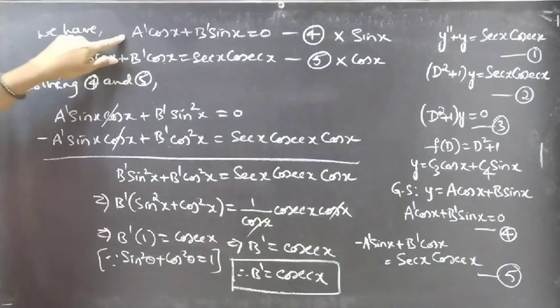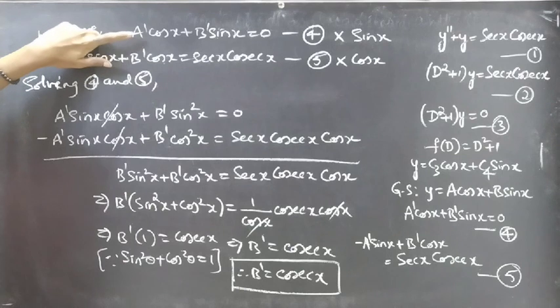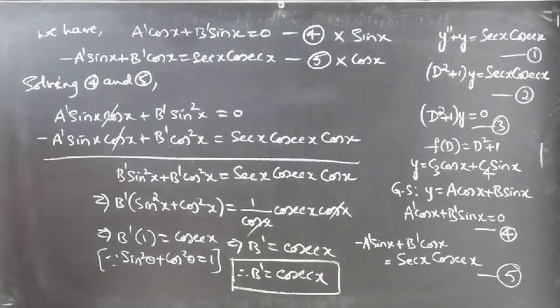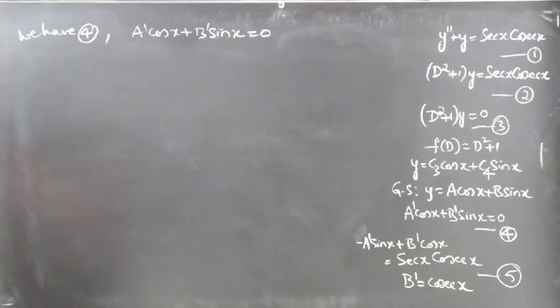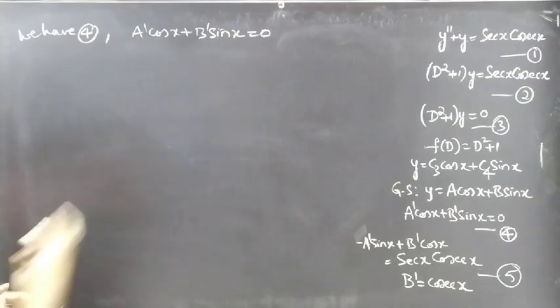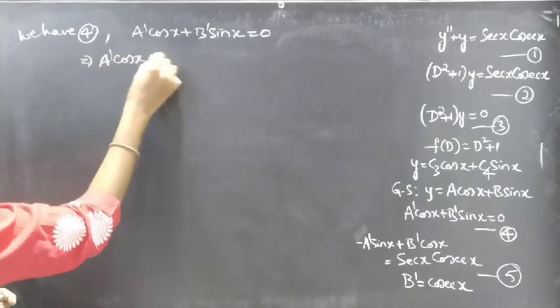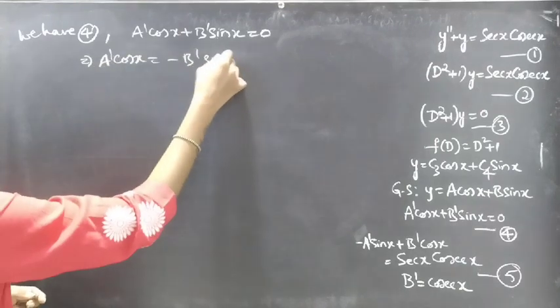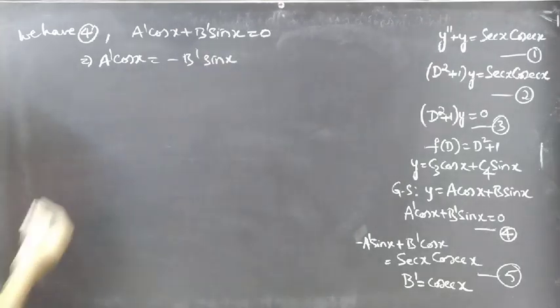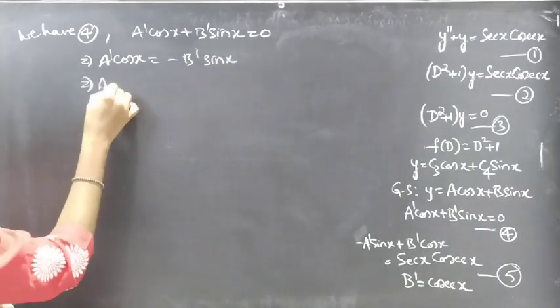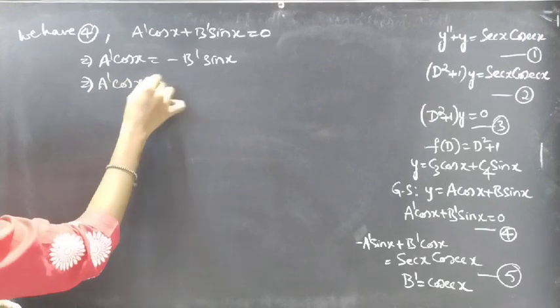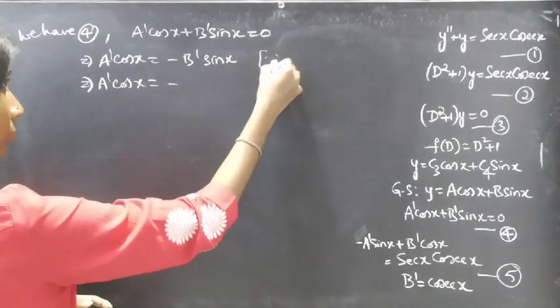We have equation 4, right? Just substitute b dash in equation 4 so that you'll get a dash. Now coming to equation 4, we have a dash cos x plus b dash sin x equals to 0. We can write it as a dash cos x equals to minus b dash sin x, right? Just substitute b dash now.